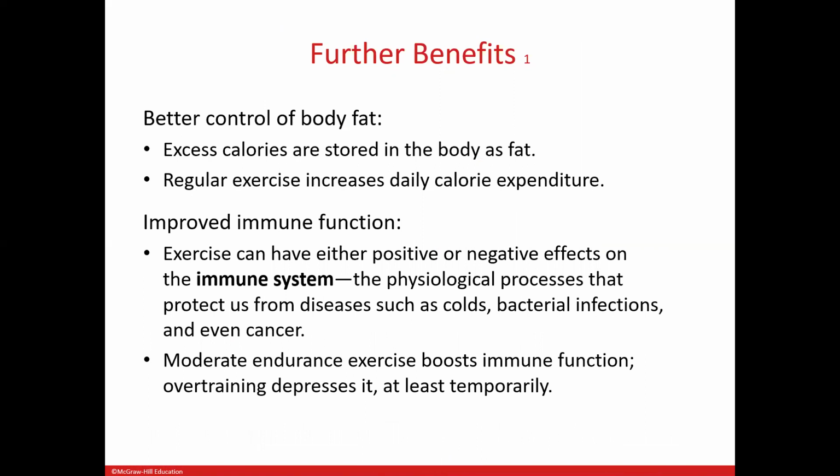Exercise can either positively or negatively affect the immune system. If you're an avid exerciser, your immune system is most likely ready to fight off whatever illnesses are in the air, in comparison to somebody who is sedentary and doesn't exercise. They might have a lower immune system to fight anything that is in the environment.